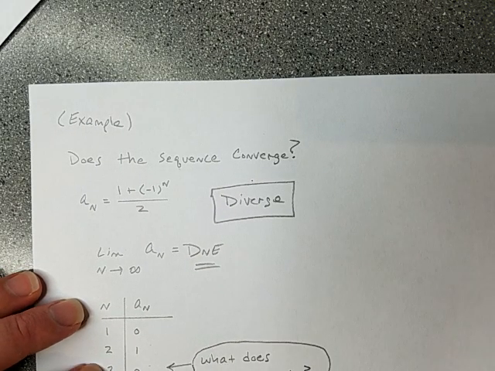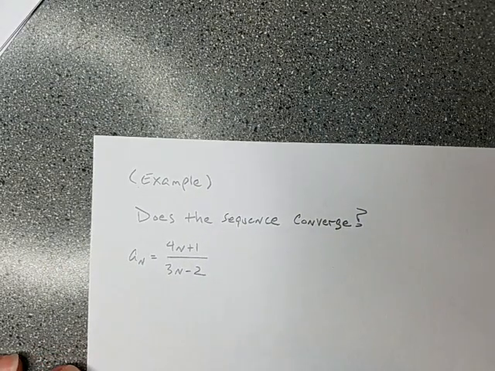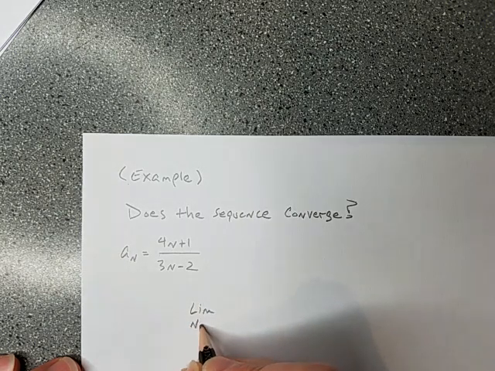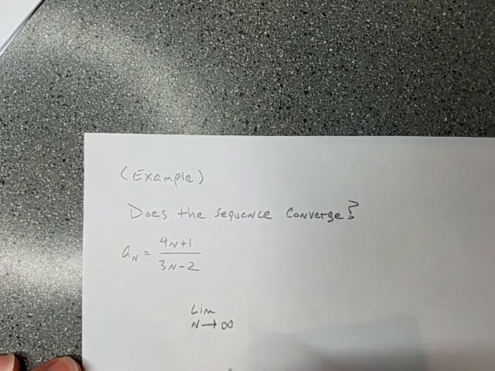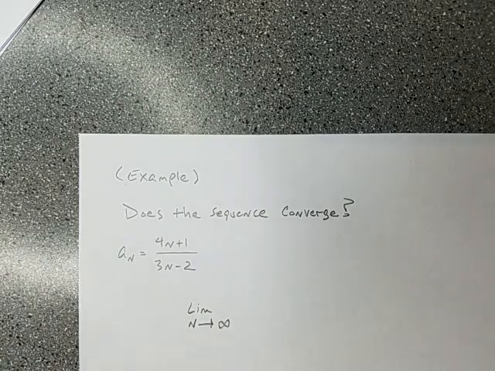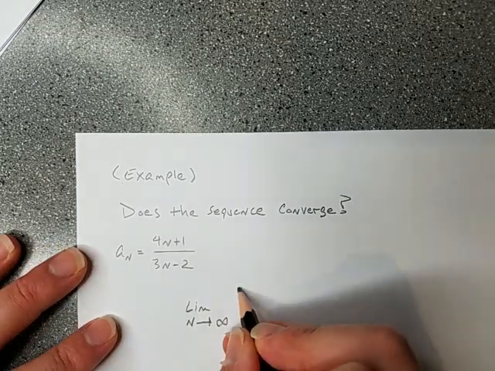All right. Okay, so let's try this one. Does this sequence converge? Well, to find out if this sequence converges, I could make a table like the last problem. It might be easy enough for you to do that. It would be more proper to do this, though.